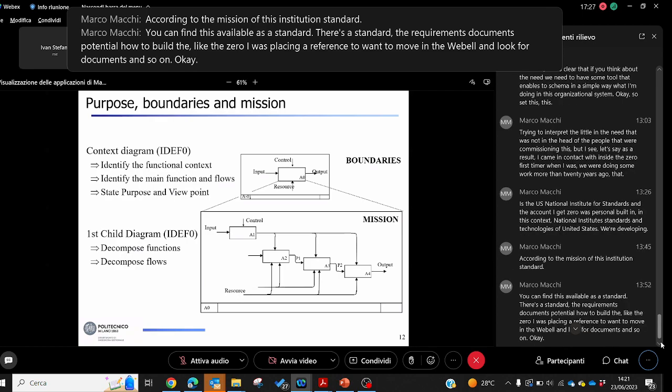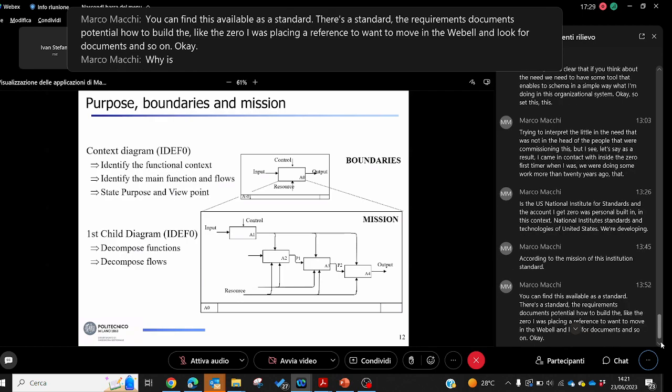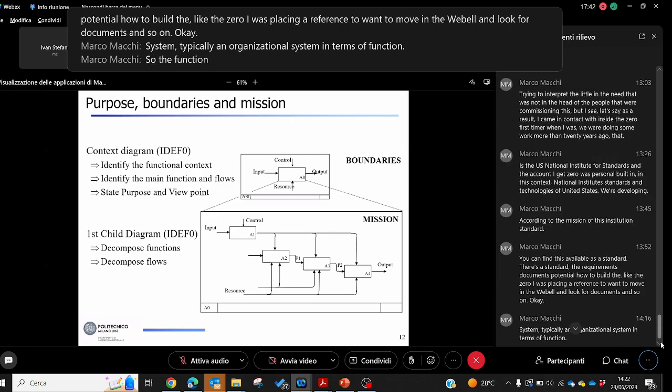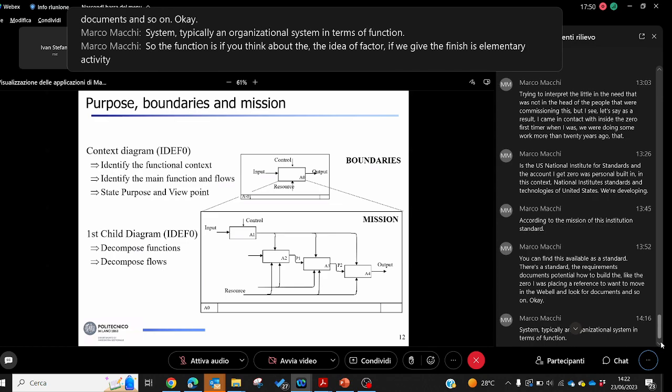What is the aim of IDEF0? Representing a system, typically an organizational system, in terms of functions. A function, if we give a definition, is an elementary activity, more or less.